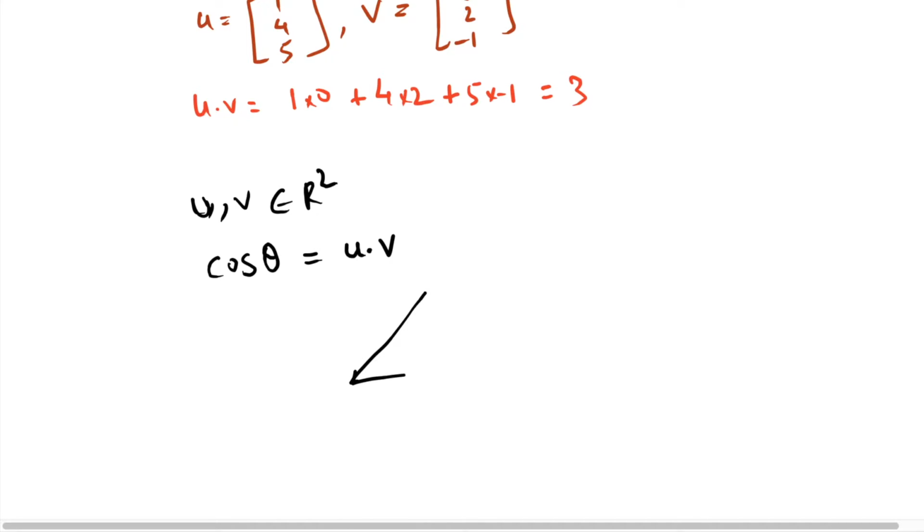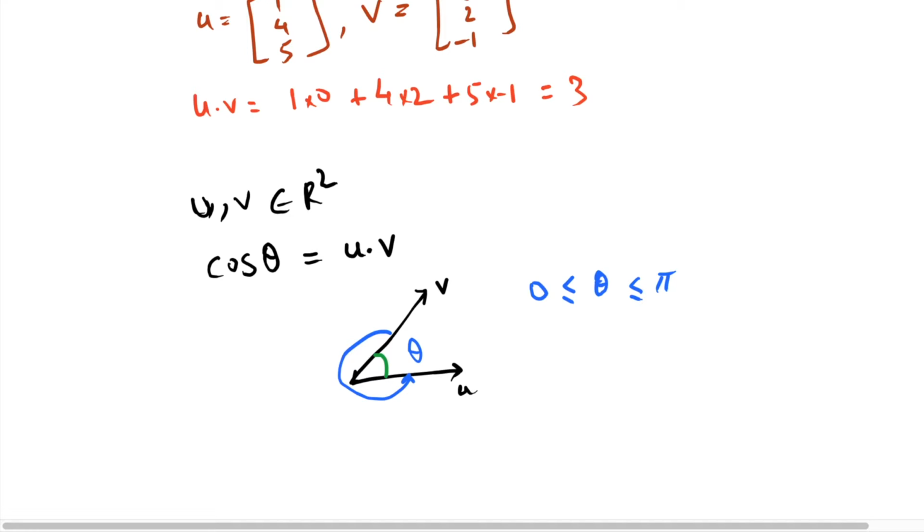Let's say this is u and this is v. A question you might have is which angle are we talking about? Are we talking about this angle, or this angle? By agreement we consider the angle between vectors to be in the range of 0 to pi. So it will be this angle theta, and theta has to be in the range of 0 to pi.